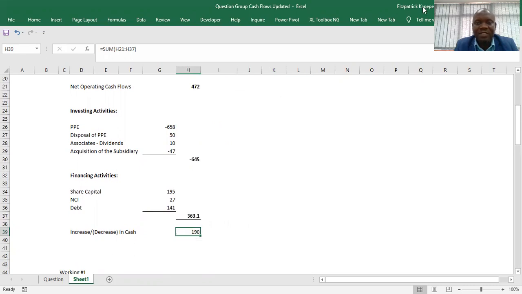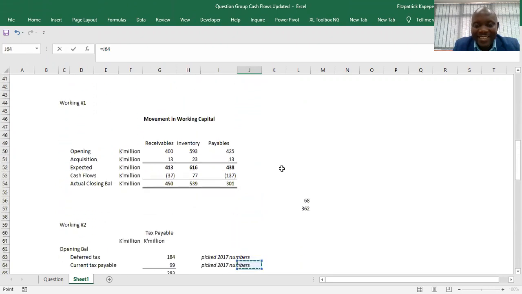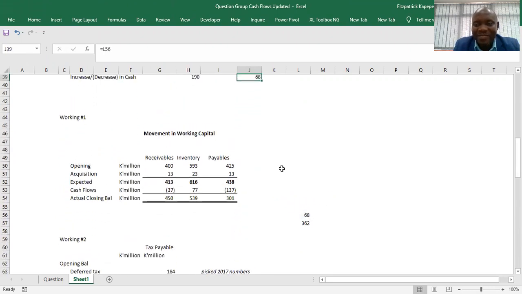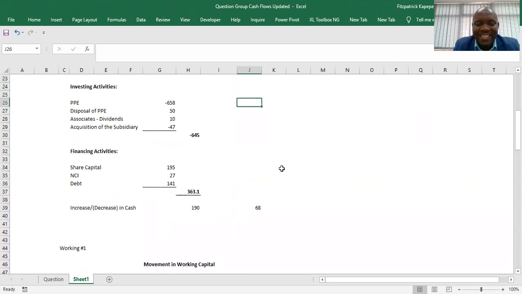It shows that there's one thing that hasn't been taken care of. And what is that thing? Why is it not balancing when it's supposed to be 68? There's one thing here, guys.